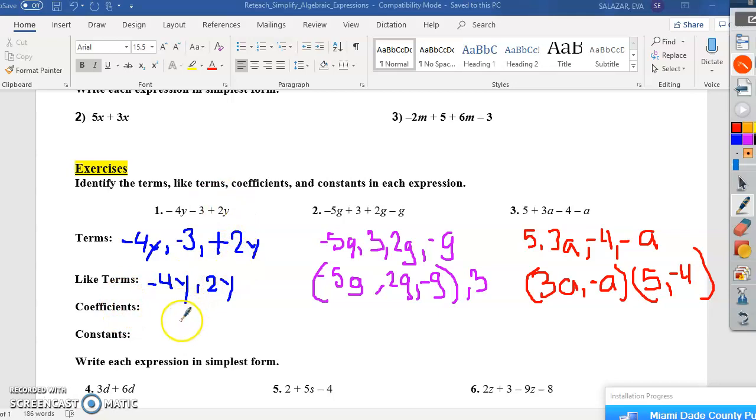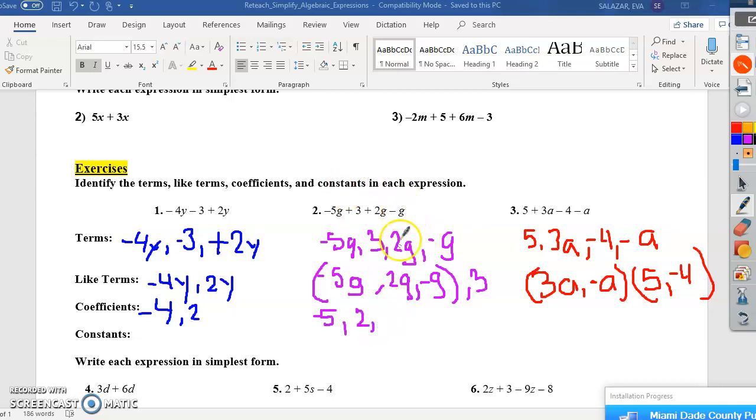Coefficients, numbers in front of the variables. So for number 1, we have negative 4. It's a coefficient, and just 2. That's it. For number 2, we have negative 5 is a coefficient. 2 is a coefficient.